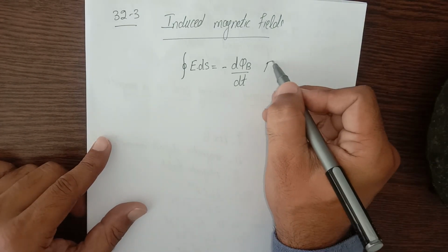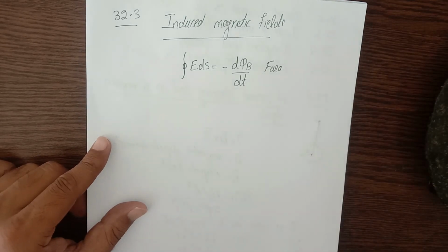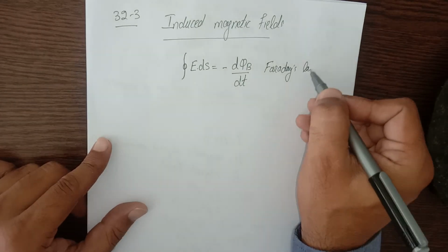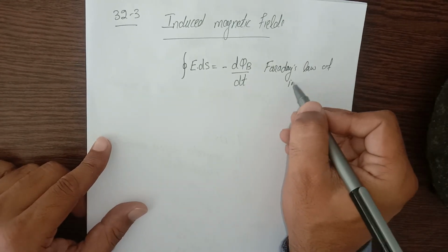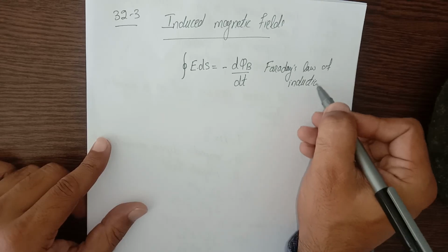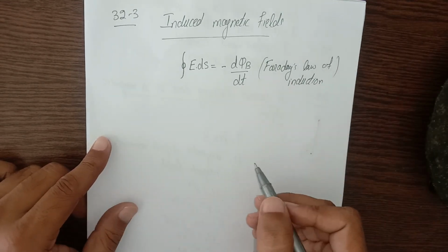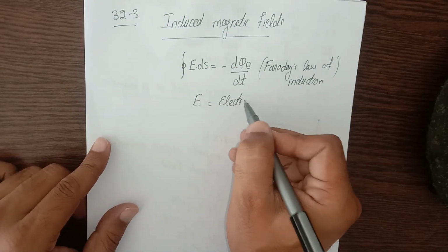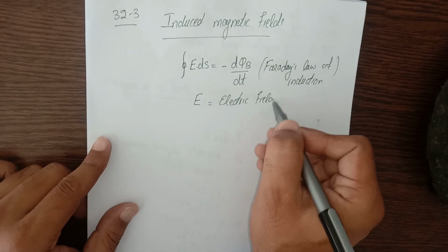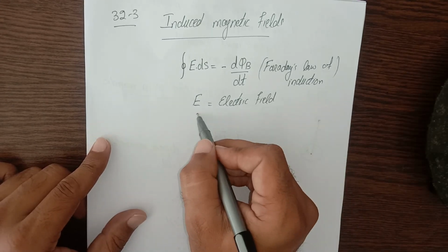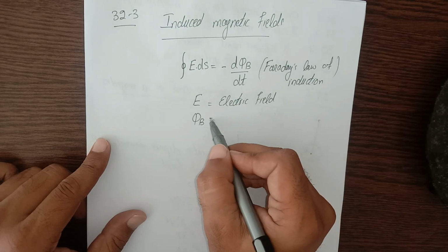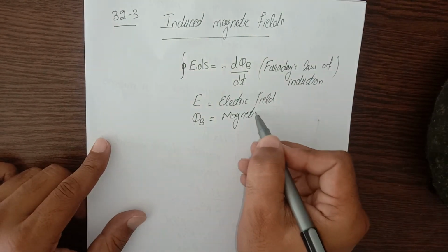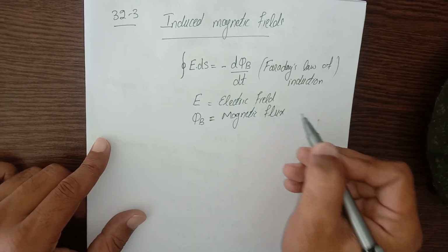This is known as Faraday's law of induction, in which E is the electric field and phi B is magnetic flux.